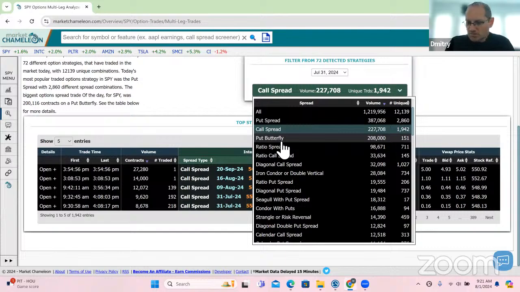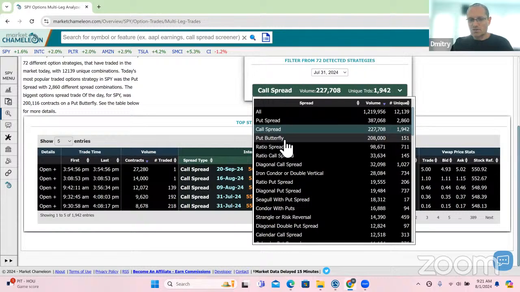But here we see that it traded 208,000 total contracts, and the unique combinations were 151. So it did trade a lot relative to contracts, but as far as different unique combinations, a lot less. You could see more than 10 times more on the call spread and put spread.